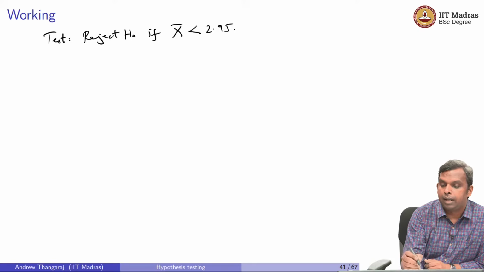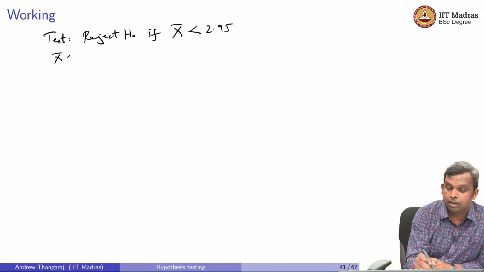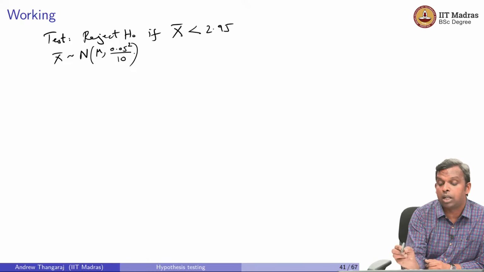And what is the distribution of x bar? It's always important to write down: normal with mean mu, and variance 0.05 squared by 10, because you are taking 10 resistors for your test.